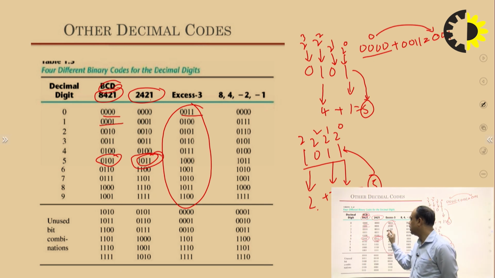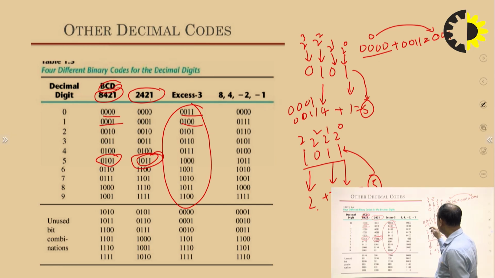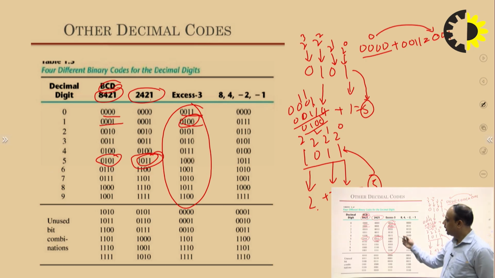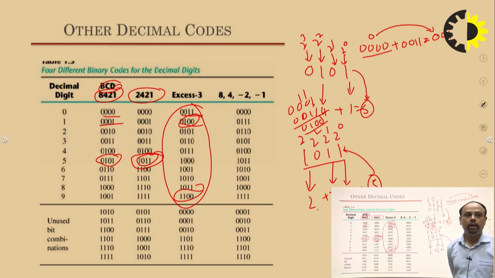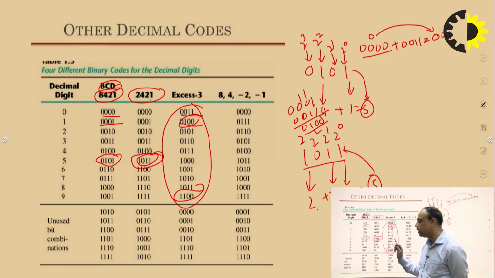For the 1 it is 0100. In this case, in the 1 we add binary 3, and this becomes 1 plus 1, 0 carry 1, 0 carry 1, this becomes 4. So this is equivalent to 4 over here. Similarly, there is an excess of 3 in each digit from 0 to 9. Like for the code, this is equivalent to 12, as there is an addition of 3 in this.